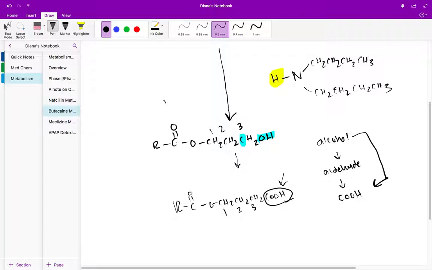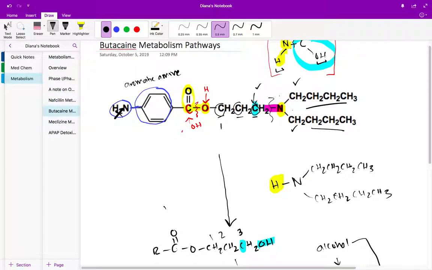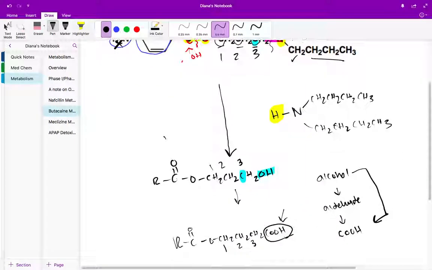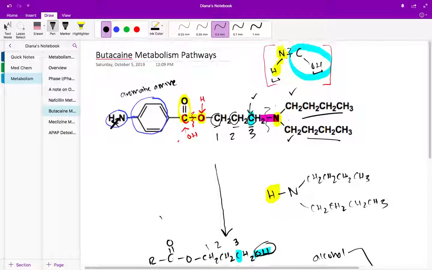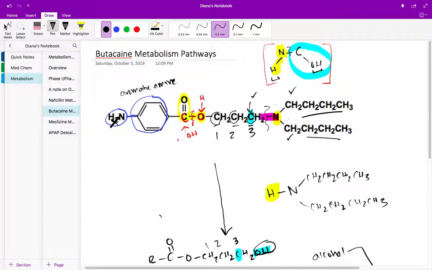So I actually just caught a mistake by doing that. I should only have three carbons, right? I can't just add a carbon. So I have carbon 1, carbon 2, carbon 3. Carbon 1, carbon 2, carbon 3. Carbon 3 got my OH, right? Because remember, we said that the carbon side gets the OH and the nitrogen side gets the hydrogen when we cleave that bond.